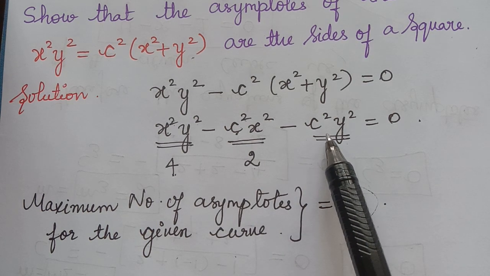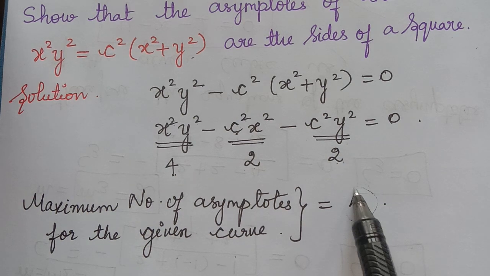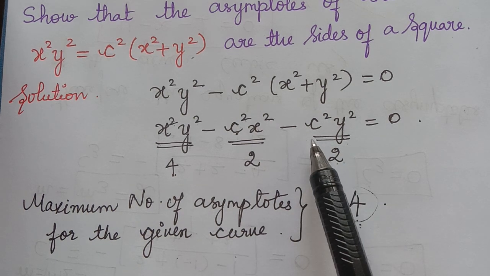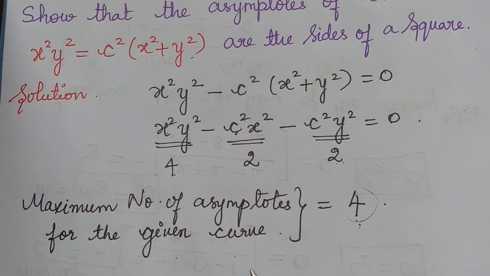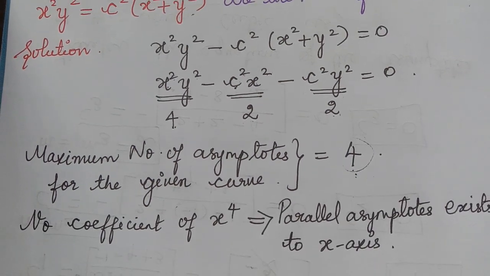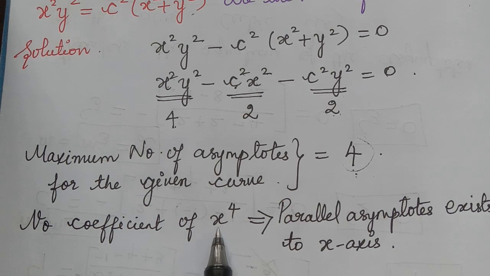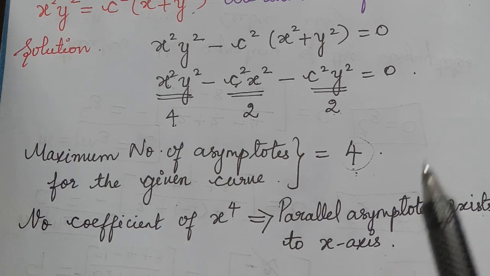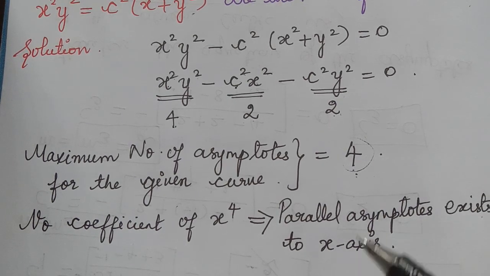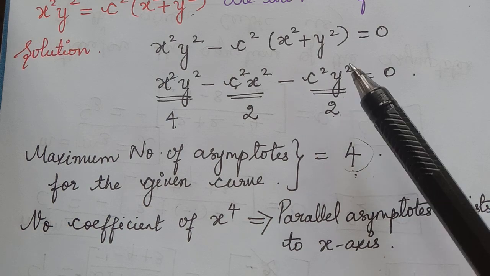So if there is no coefficient for x power 4, then it means that there exist parallel asymptotes to x-axis. So let me write that. Because we do not have a coefficient for x power 4, parallel asymptotes exist for x-axis. In a similar way, we have to check whether we have a coefficient for y power 4.